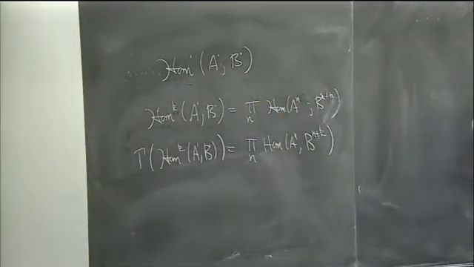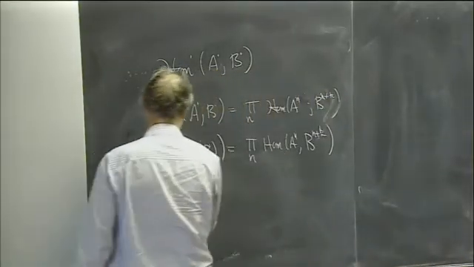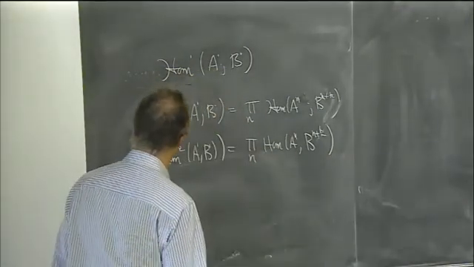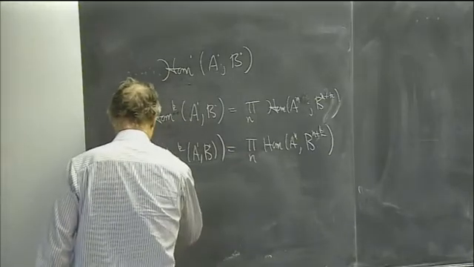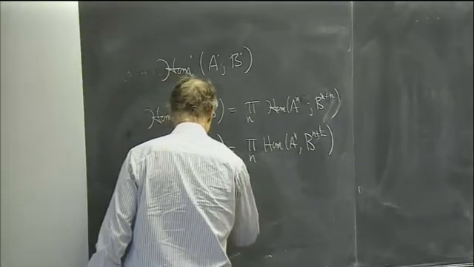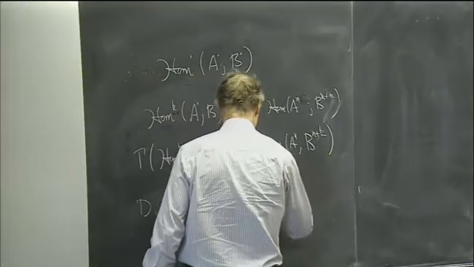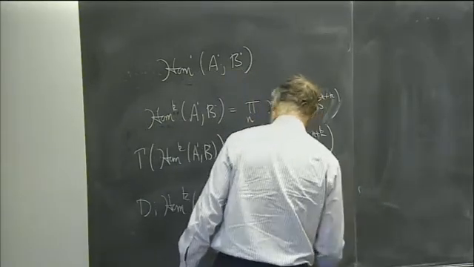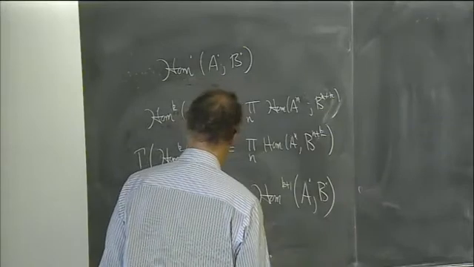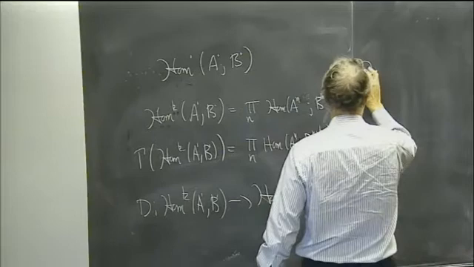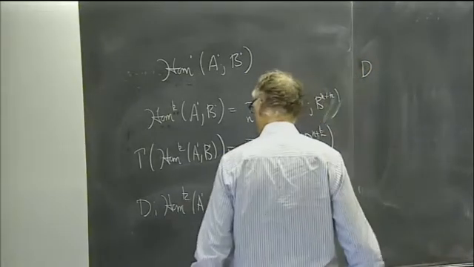Now there's a differential here. This is a complex of sheaves, and when you take global sections, you get a complex of abelian groups, namely the differential is supposed to go from Hom K AB into Hom K plus 1 AB. And it's defined, I'll just write down the formula and then maybe say a few words about how to interpret it.